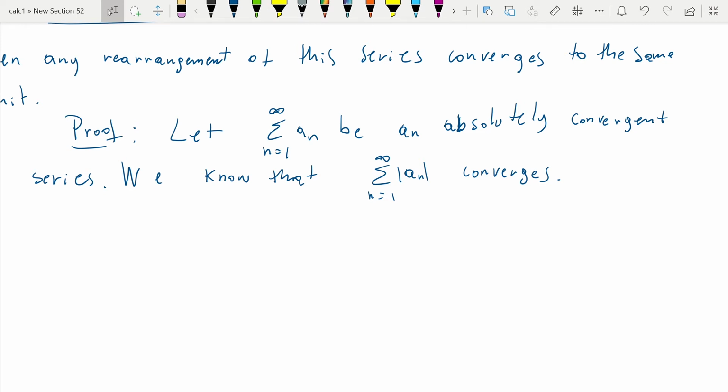So suppose we have a rearrangement, a sub phi of n.